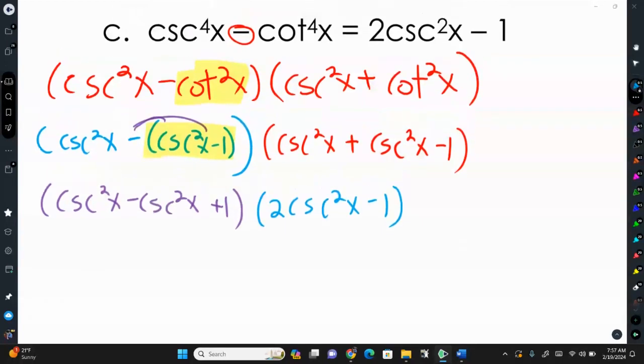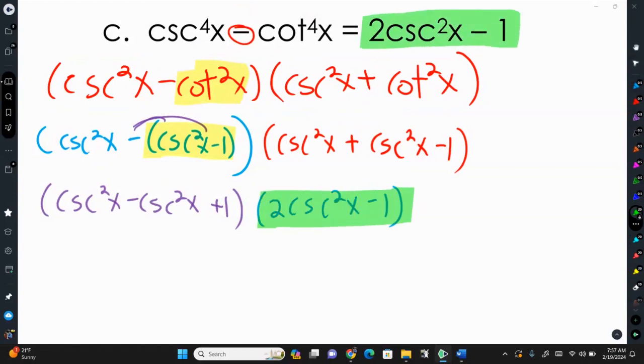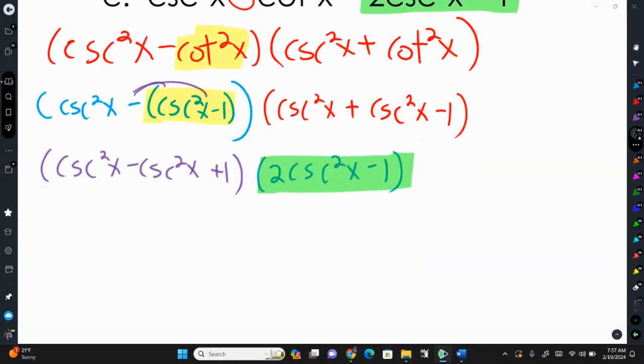If you look at this part right here, that's exactly what we need. So that means the first parenthesis is going to have to cancel out somehow. Well, positive cosecant squared and negative cosecant squared, that's 0. And then I'm left with 1 times 2 cosecant squared x minus 1.